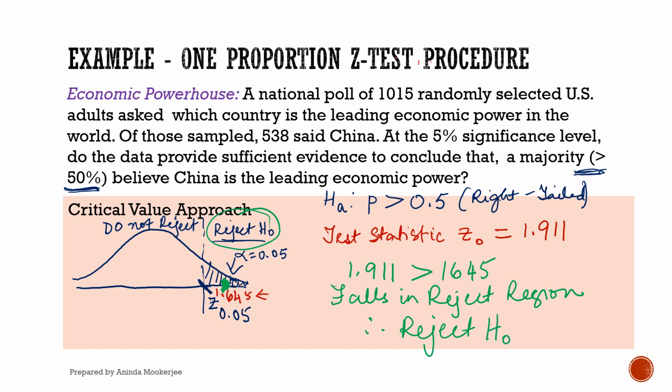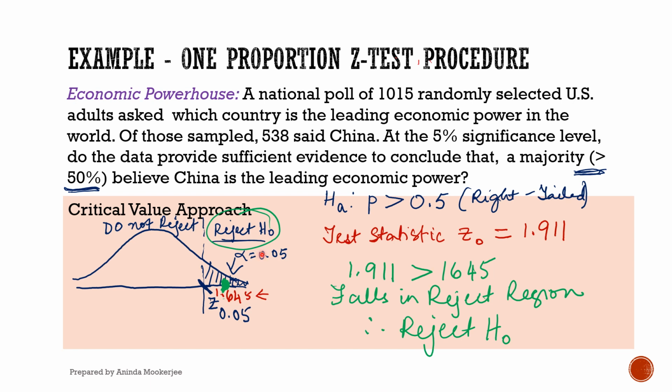That means the null hypothesis was stating that the majority do not think that China is a superpower. It said that the null hypothesis is P equals 0.5, right? That's what the null hypothesis is stating. The alternate hypothesis was saying it was greater than 0.5, and based on the evidence we presented, the evidence falls in the reject region of the null hypothesis.